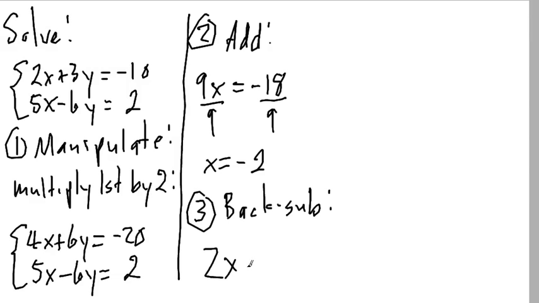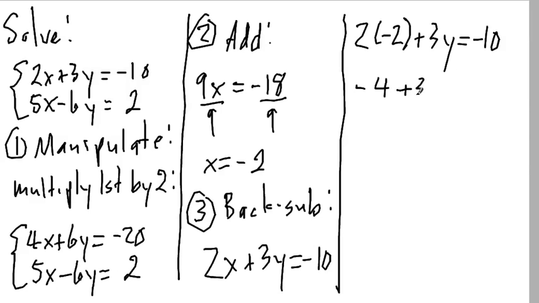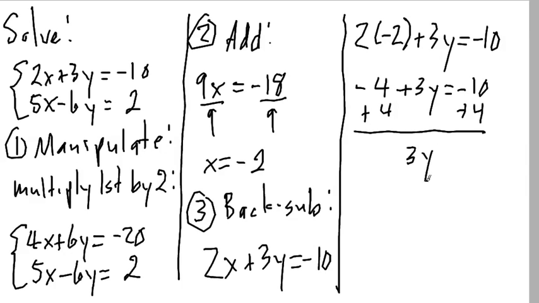So I take 2x plus 3y is equal to negative 10, and I plug in x is equal to negative 2, so I get 2 times negative 2 plus 3y is equal to negative 10. 2 times negative 2 is negative 4, plus 3y is equal to negative 10. I add 4 to both sides, and what this leaves me with is 3y is equal to negative 6.